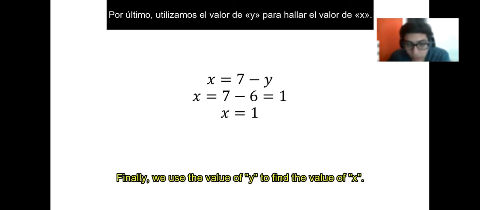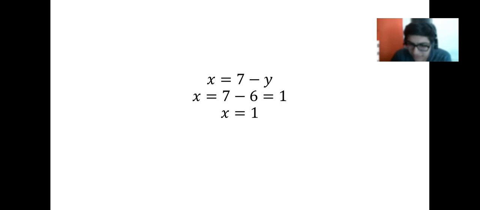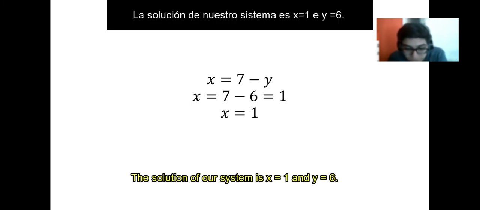Finally, we use the value of y to find the value of x. X equals 7 less y. X equals 7 less 6 equal 1, and x equal 1. The solution of our system is x equal 1 and y equal 6.